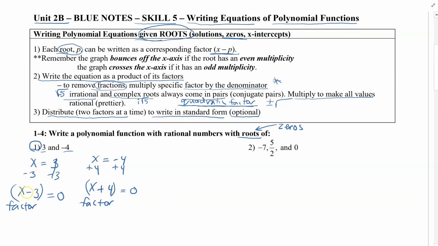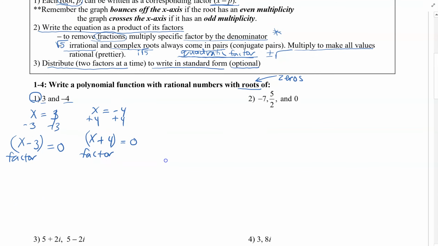So I know that x minus 3 and x plus 4 must have been the factors of this quadratic equation. I also know it must have been quadratic because if it has two zeros, then it must have a degree of 2, right? We also know that as well.